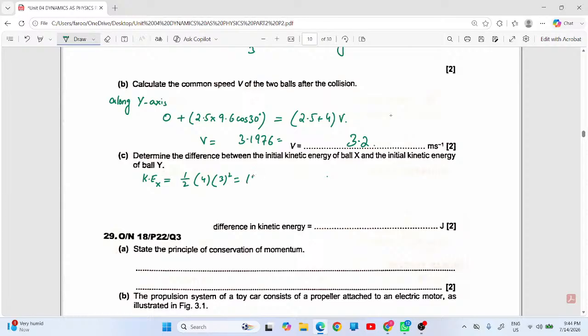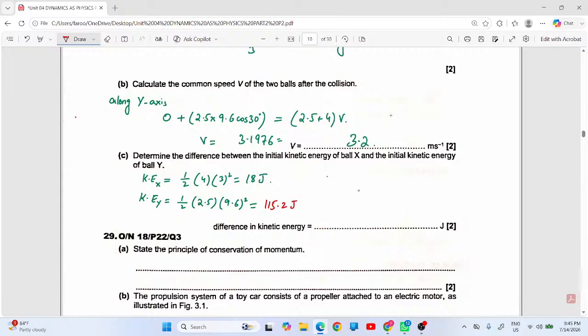And the kinetic energy of y is half times 2.5 times the initial velocity 9.6 squared, so the answer is 115.2 joules.